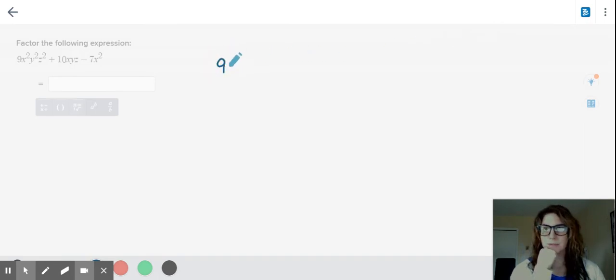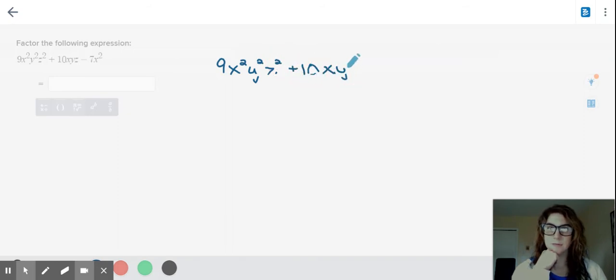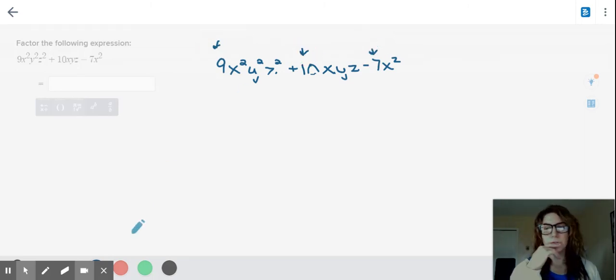So let me rewrite this. 9x squared, y squared, z squared plus 10x, y, z minus 7x squared. So the first thing we're going to do, look at your numbers. So 9, 10, -7, nothing in common. So look at something else. All of them have an x though. So that I can definitely take out, right?